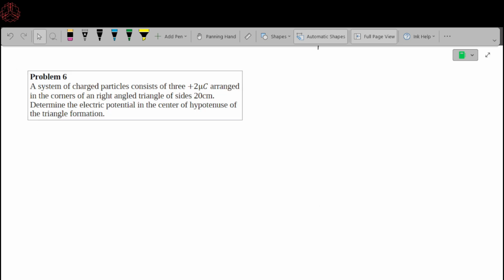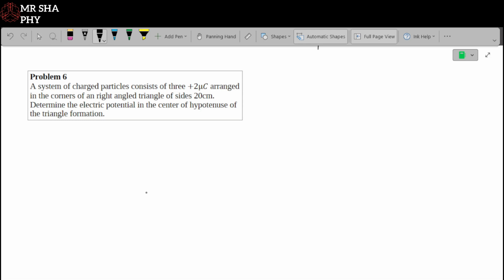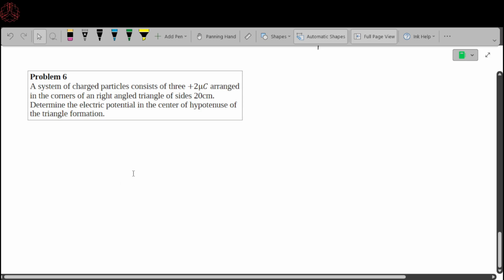Okay, so moving on to problem 6. We have this question: a system of charged particles consists of 3 positive 2 microcoulomb charges arranged in the corners of a right angle triangle of sides 20 centimeters. Determine the electric potential in the center of the hypotenuse of the triangle formation.